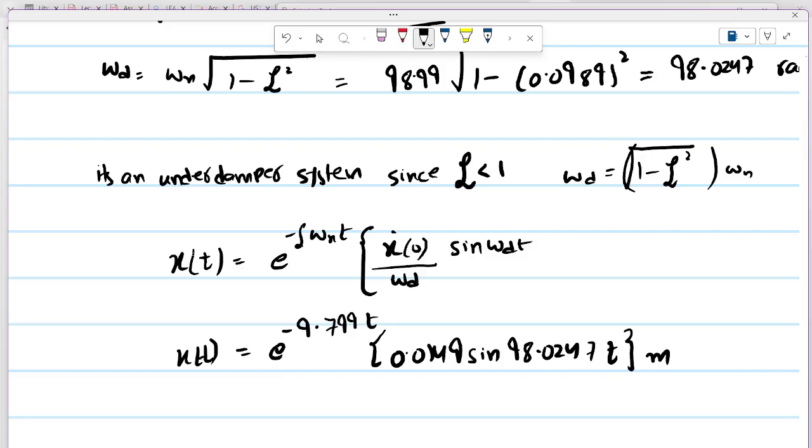That's the response of our system. This is how far the anvil will go. You can solve this one for any time. For time 1 second, 2 seconds, 3 seconds, it will tell you the response of the system.